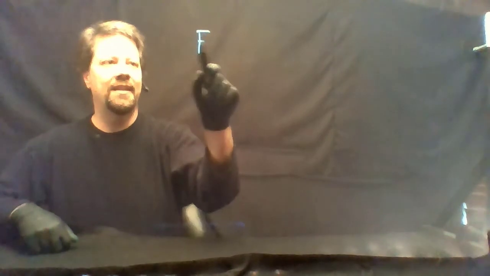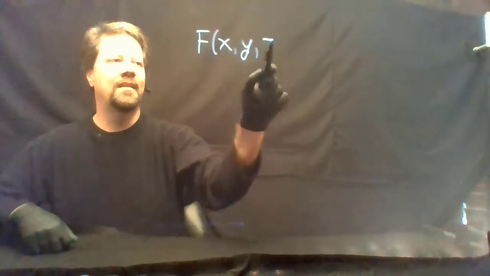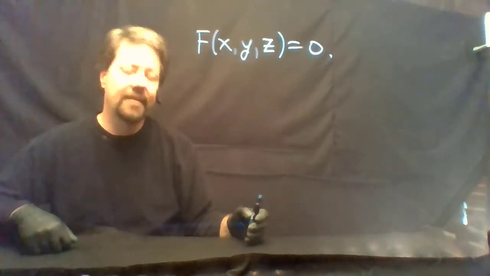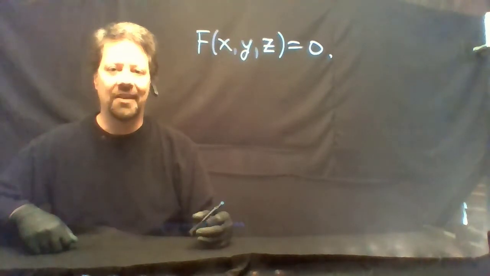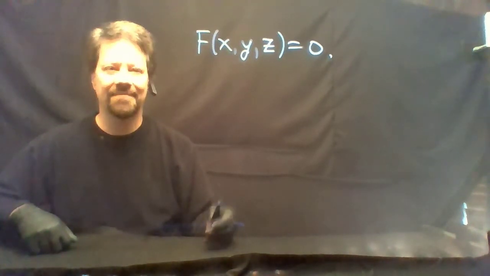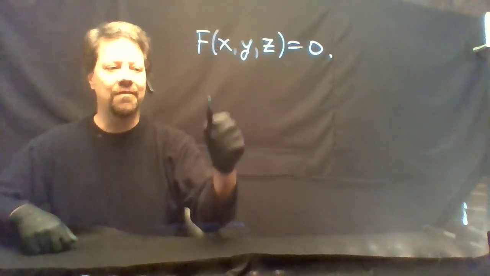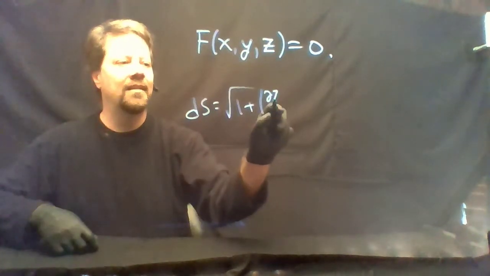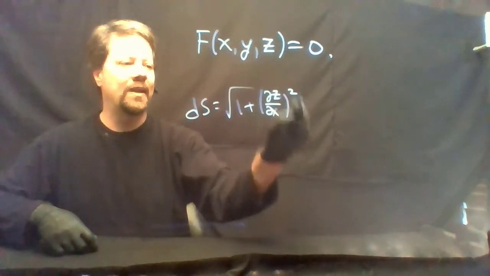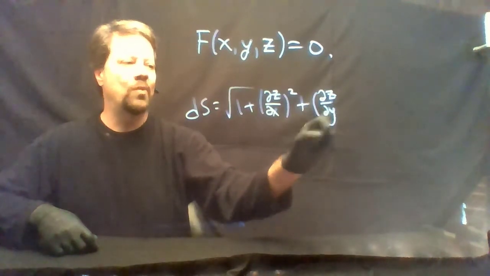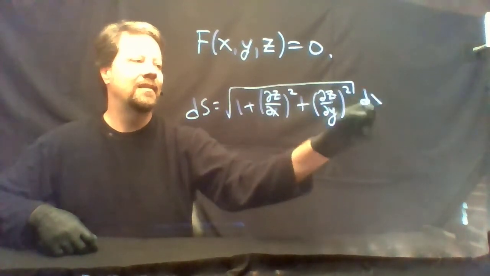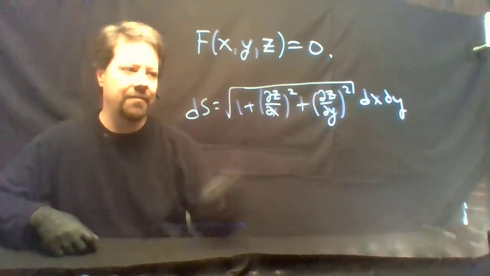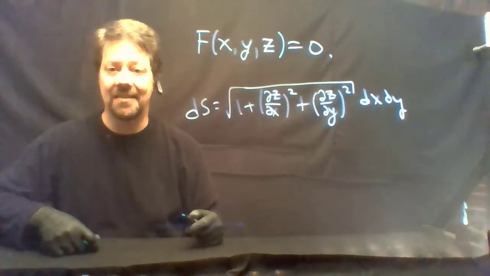If our surface is expressed as a level surface, big F equal to 0, there is yet another way to calculate the surface element. In particular, we'll try to go for the element of surface area is the square root of 1 plus dz dx quantity squared plus dz dy quantity squared dx dy, thinking that we can implicitly solve for the derivative of z as a function of x and y.